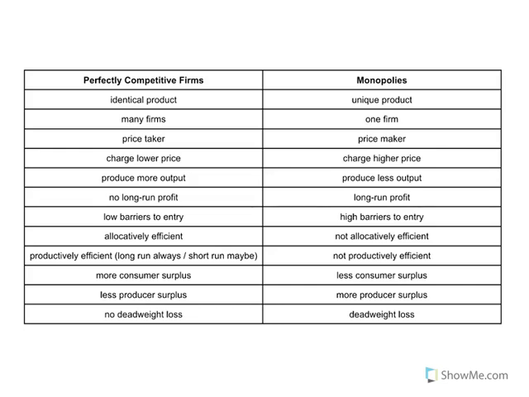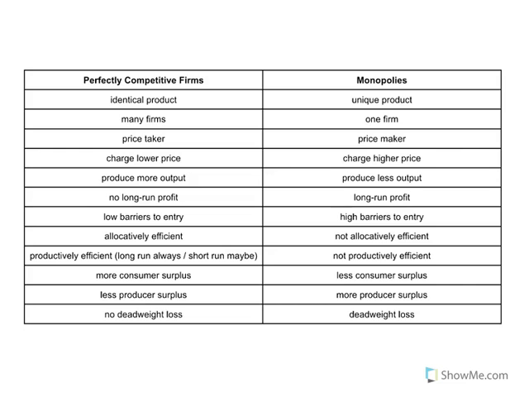Monopolies are not productively efficient typically because they tend to not produce at minimum ATC, because it's easy for them to make a profit because they can charge whatever price they want. In perfect competition, there is more consumer surplus because the price is lower, but in monopolies, there's less consumer surplus because the price is higher. And the opposite is true with producer surplus.